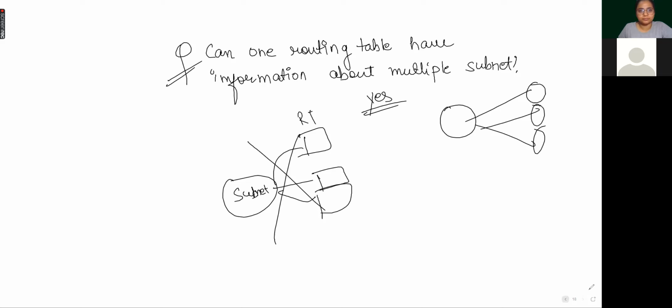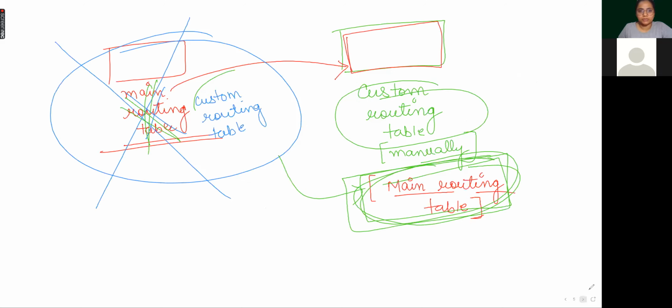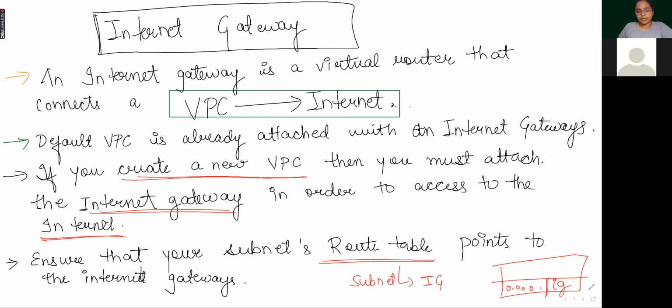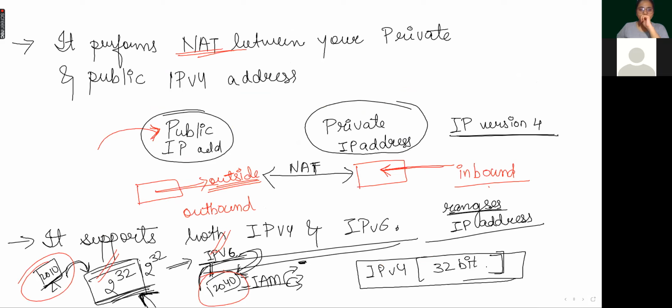Then after this, we have seen the internet gateway. The internet gateway is used to connect the VPC with the internet. Then public IP address and private IP address we have seen.